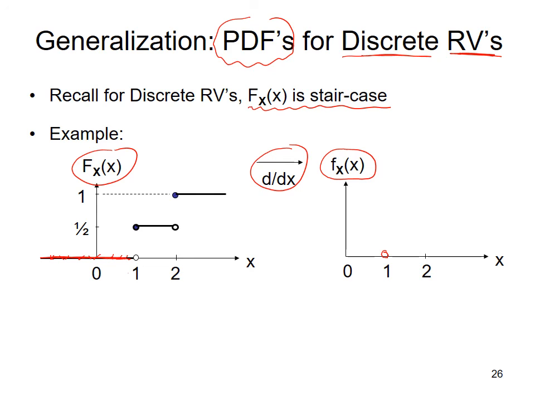So I know the function is going to be 0 up until I hit 1. Between 1 and 2, not including the 1 and not including the 2, the function up here is also constant. The derivative of that constant is 0, so again I get 0. So 0 here, 0 here.